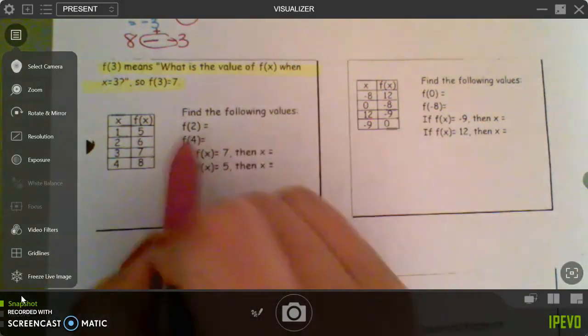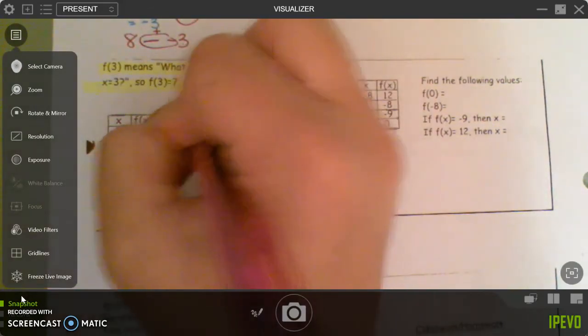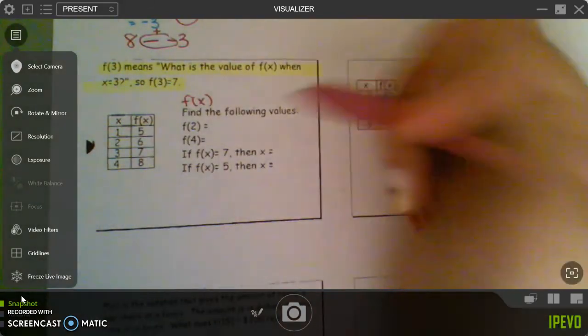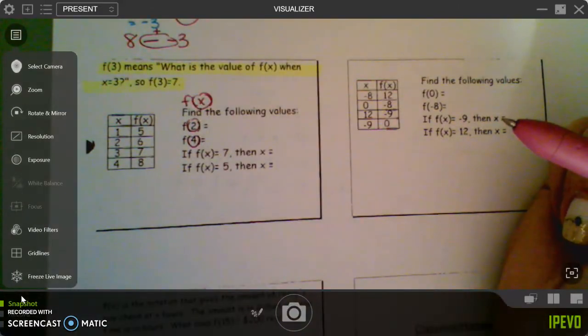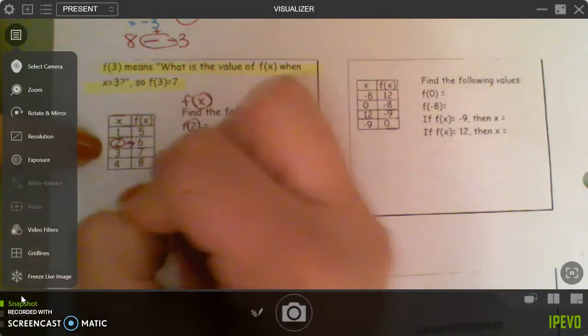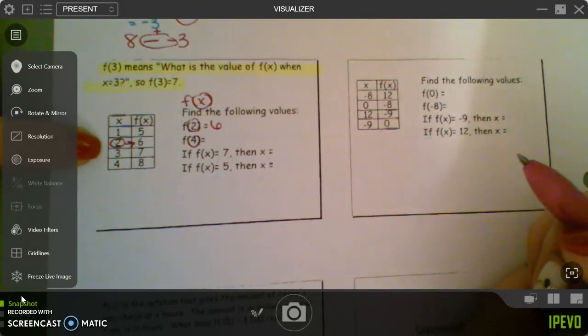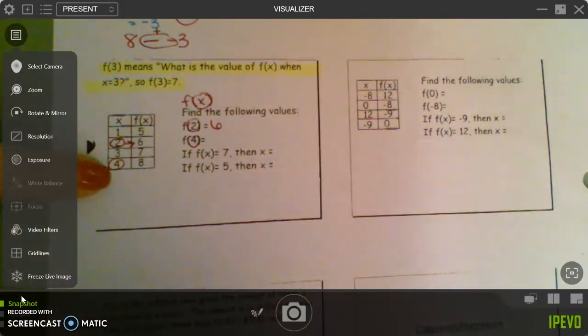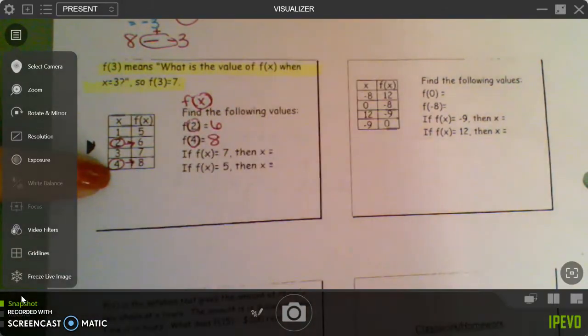So find the values. So f of 2, remember it was f of x, but now I'm giving you the values for x. So if f of 2 is right here, the answer is 6. The next one says f of 4, so the x value of 4 is 8.